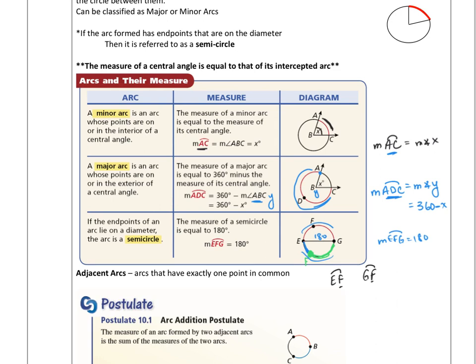So we have the arc addition postulate here, and it says the measure of an arc formed by two adjacent arcs is the sum of the measures of the two arcs.